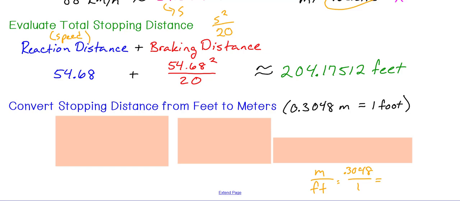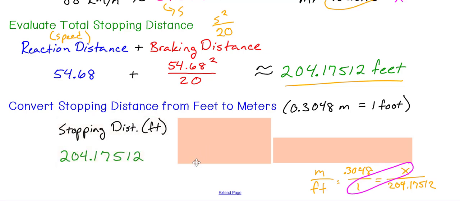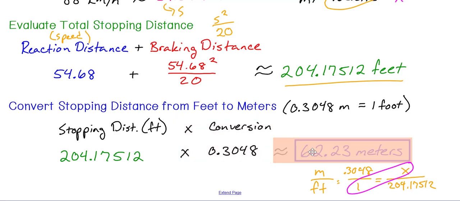And then we know our stopping distance in feet, so that would go on the bottom, 204.17512, x on the top. And then when we do our cross multiplication, you can see that to convert, we would actually be multiplying and not dividing. So we would multiply our stopping distance times our conversion, and it would take her about 62.23 meters to stop.